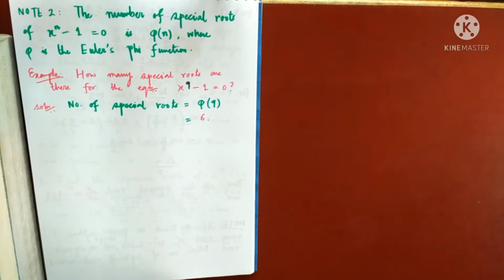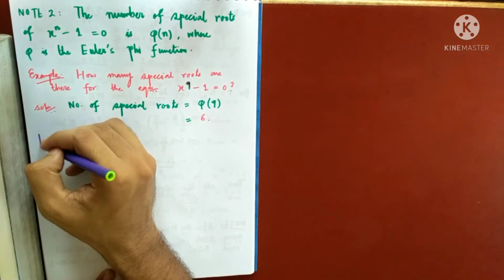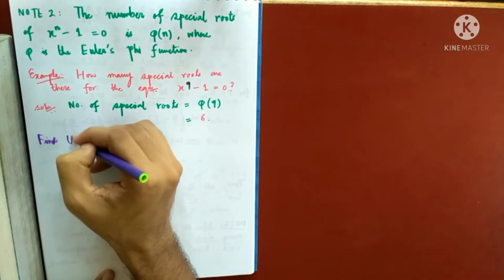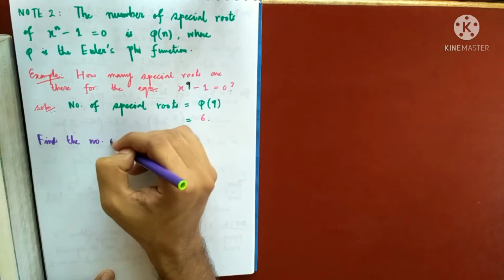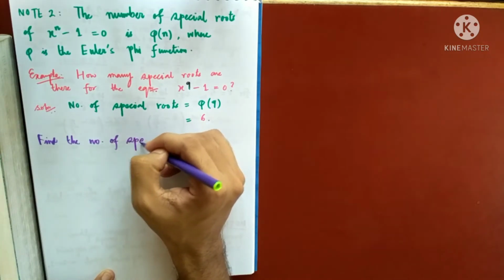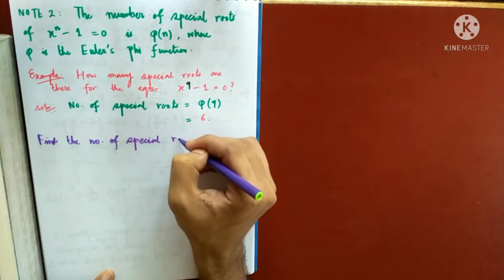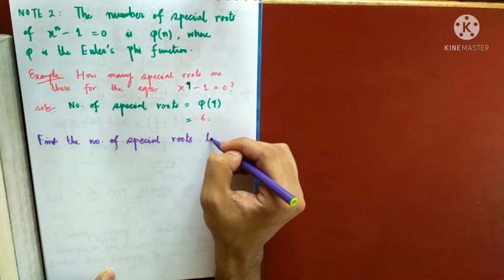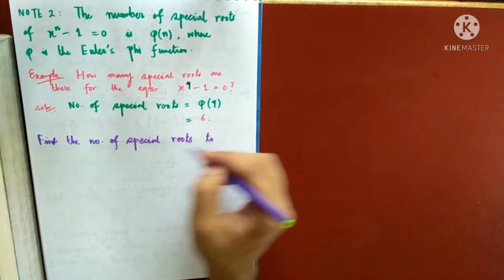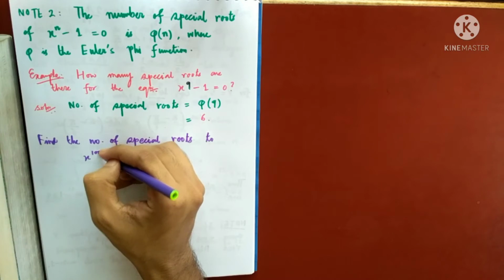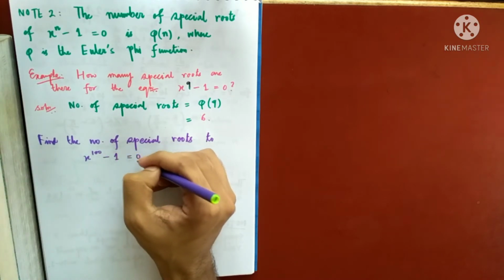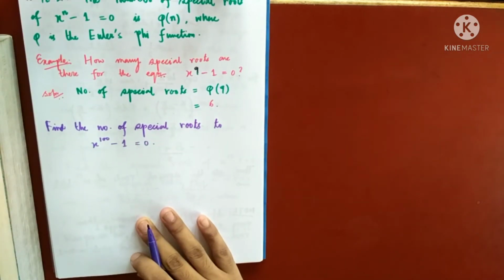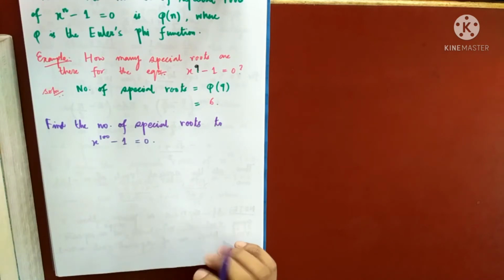6 special roots. Okay, but if I give you a big number, find the number of special roots to this equation x to the power 100 minus 1 equals 0. How many special roots will this equation possess?